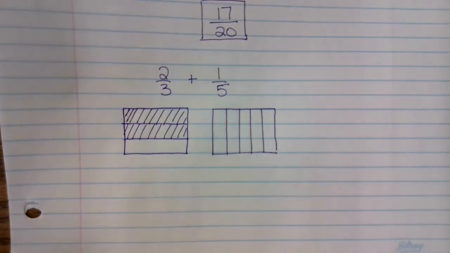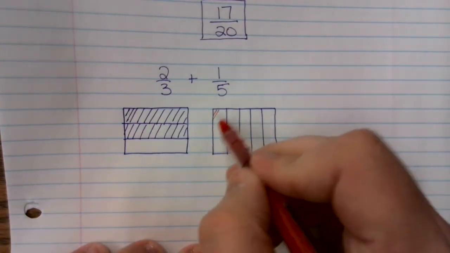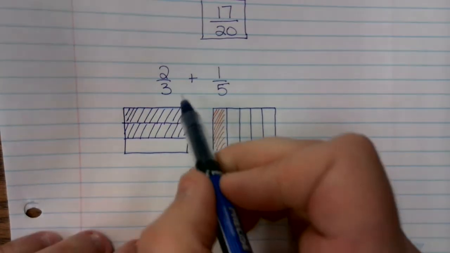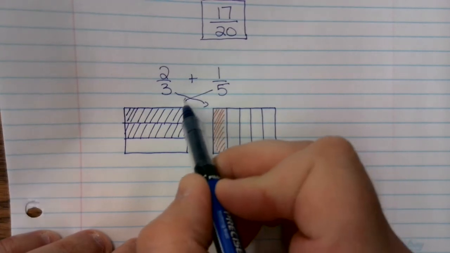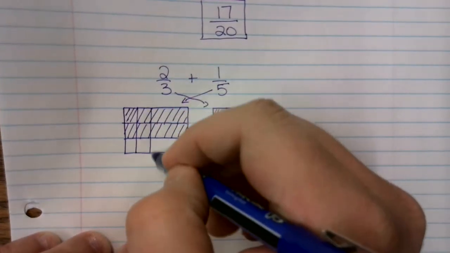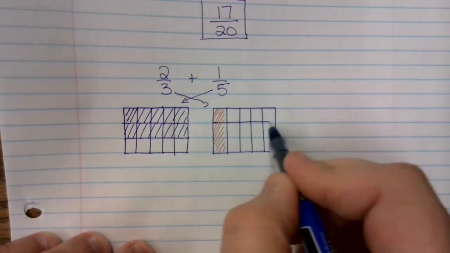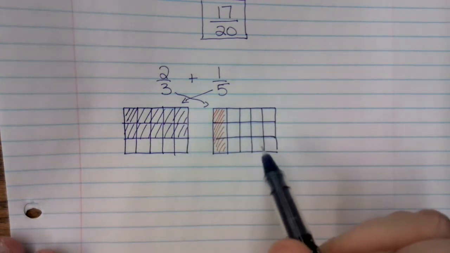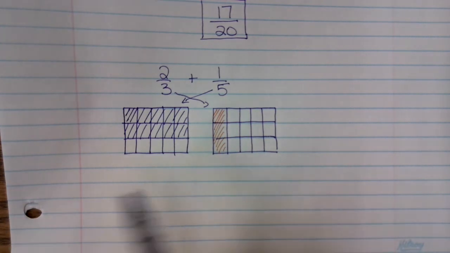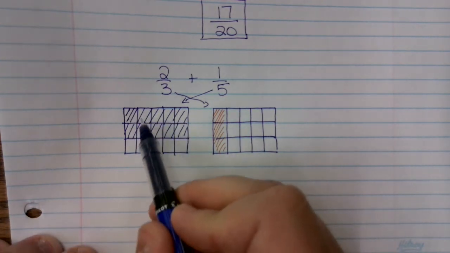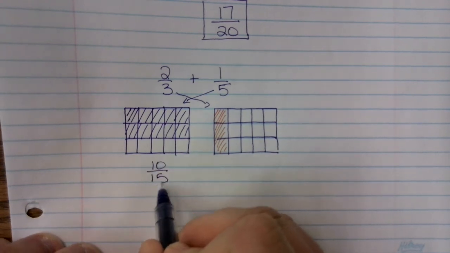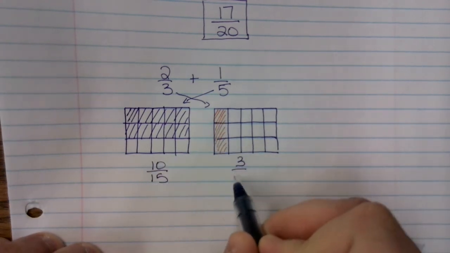And 1/5 gets colored in here. I'm going to swap my lines. And then I'm going to write my new fractions. 10 over 15 and 3 over 15.